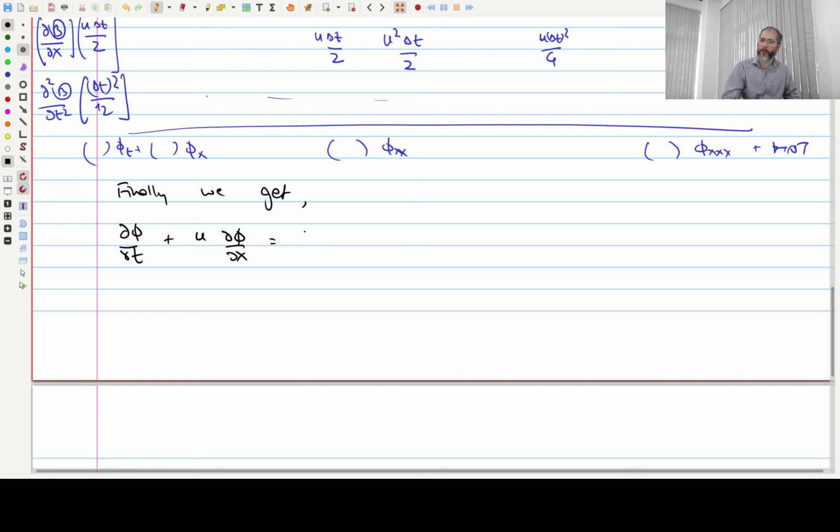So now again I move all the terms to the right hand side except the phi t and u times phi x terms, so that I see the error now.